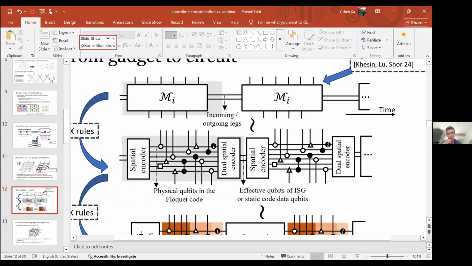Look at this dotted arrow: the horizontal lines are basically the timelines of physical qubits. And the other lines are basically the inter-gadget connections. They're connected to nearby gadgets, right? So that number is fixed, independent of what spatial encoder you choose. But if you choose it differently, you have a different space-time layout.